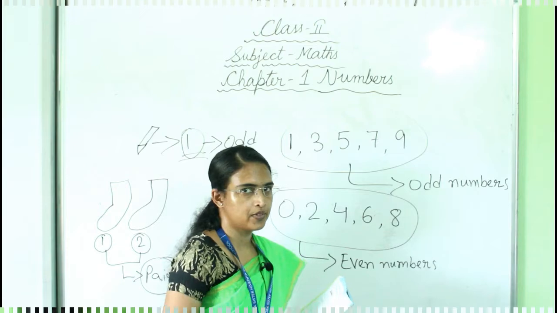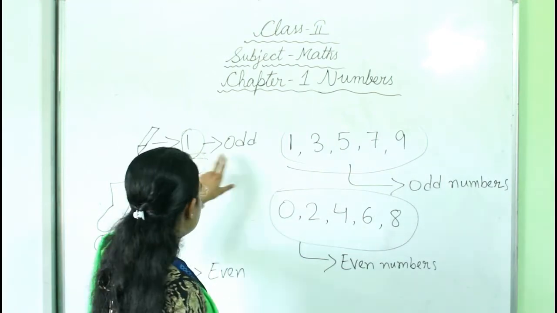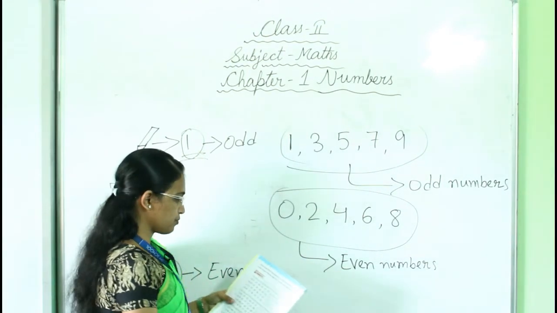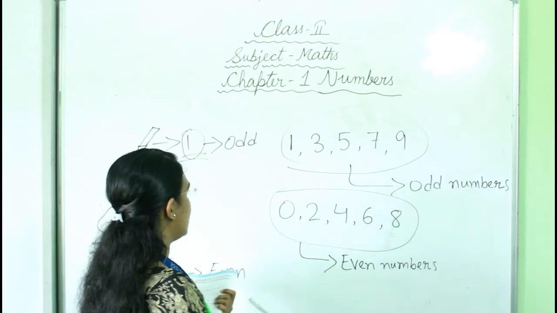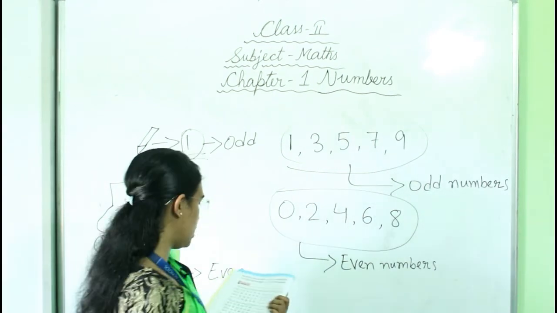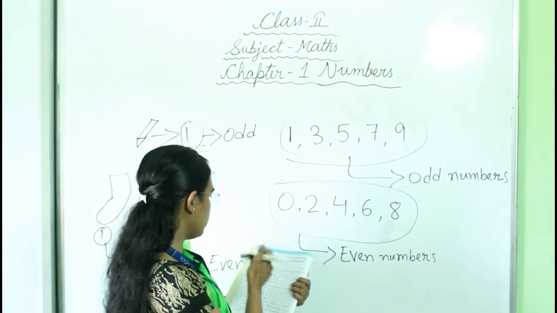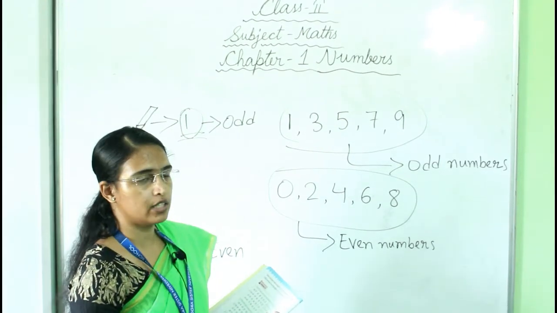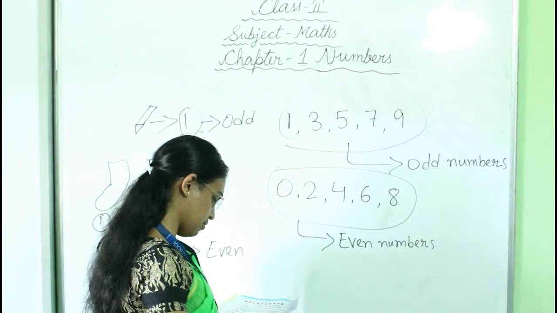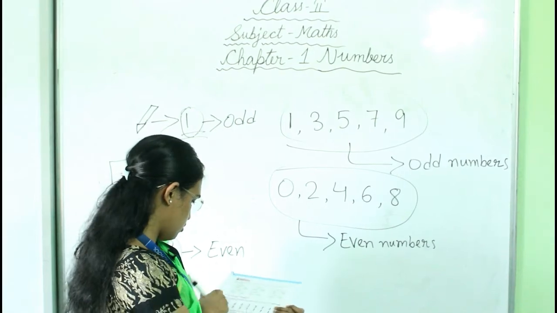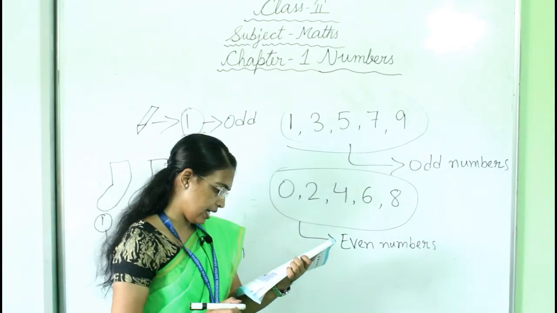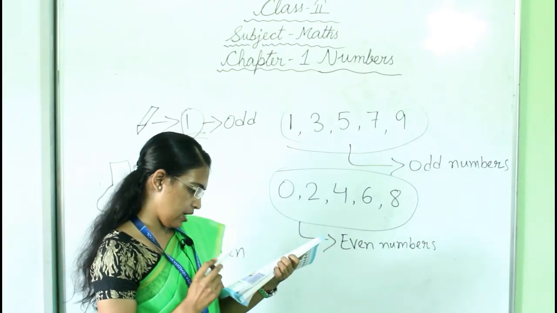So 1 means odd number. Okay. So learn these numbers. This will help you remember which one is an odd number and which one is an even number.